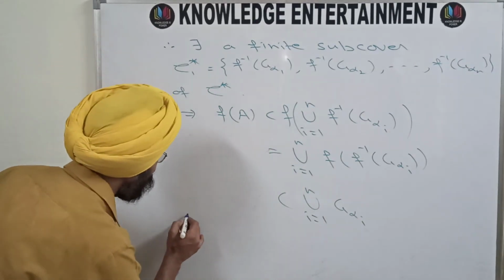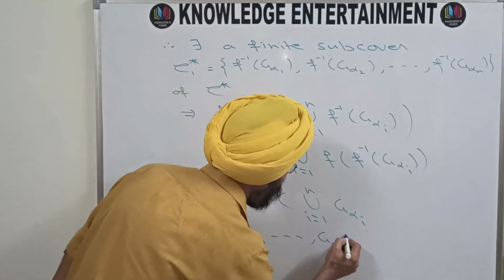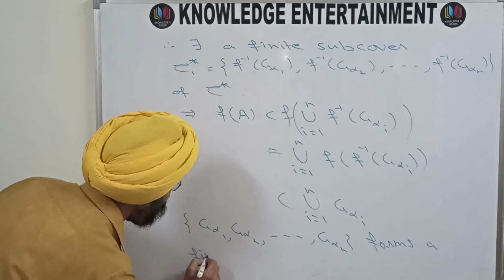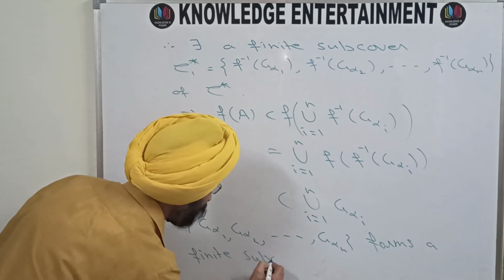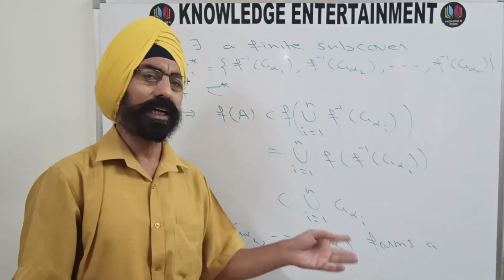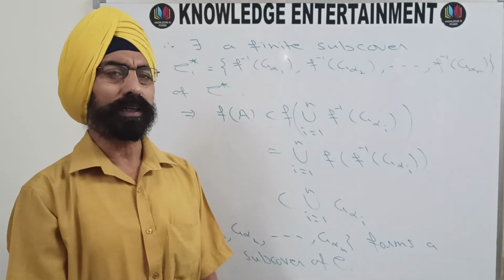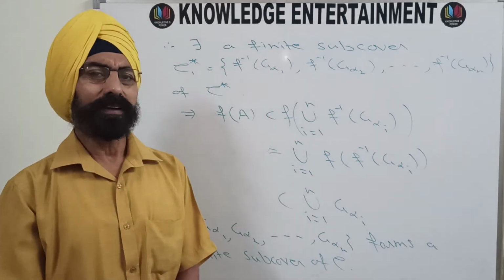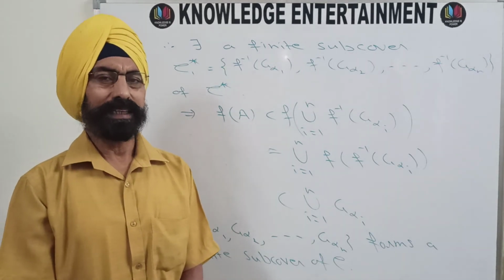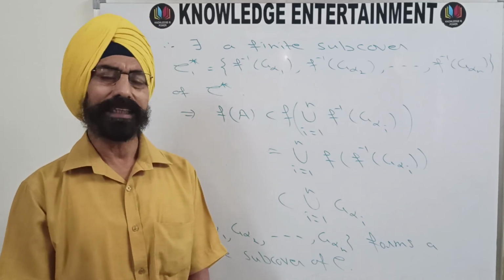So this collection G alpha 1, G alpha 2, up to G alpha n forms a finite subcover of C. And what was C? C was an arbitrary open cover of FA. We have taken an arbitrary open cover of FA and we have obtained a finite subcover of that. And it means that FA is also compact. So what we have proved is that the continuous image of a compact set is also compact.